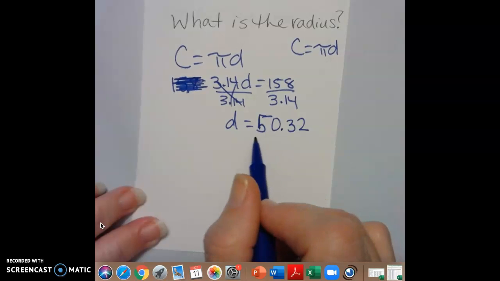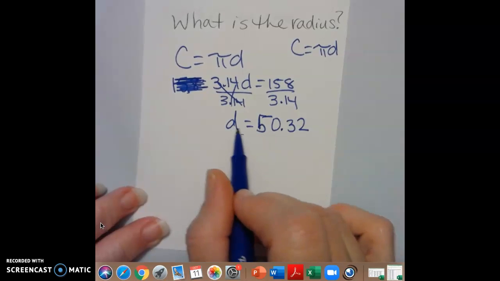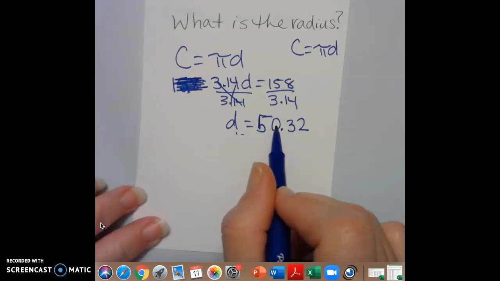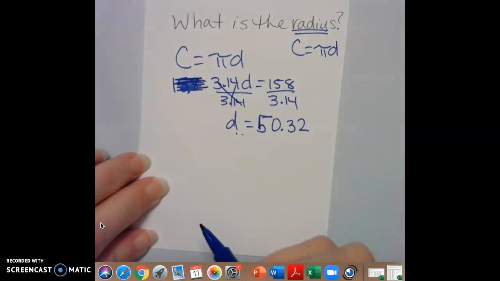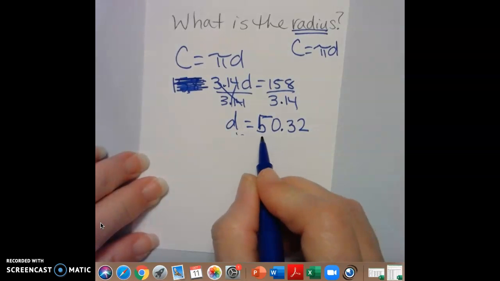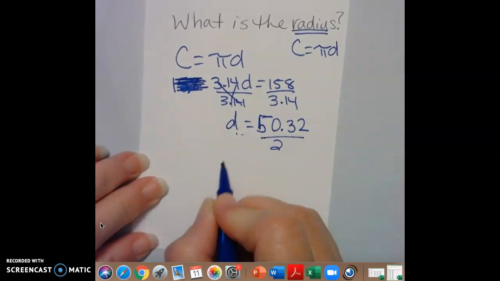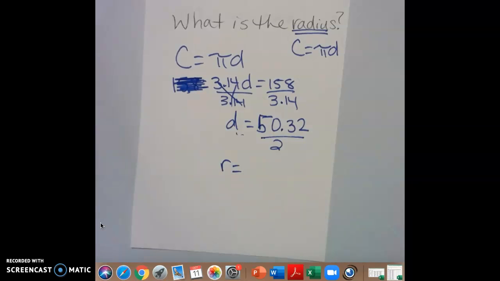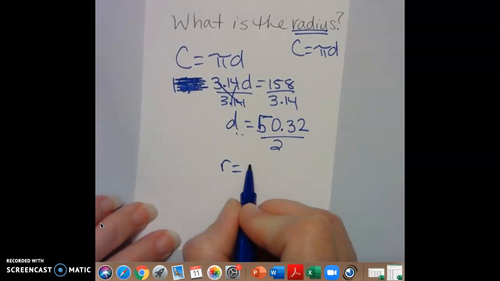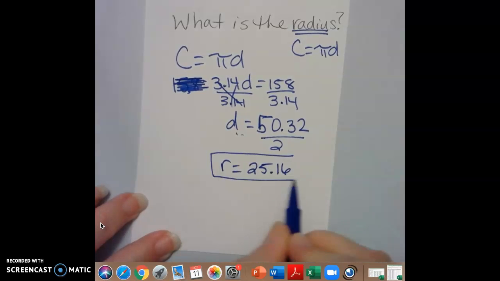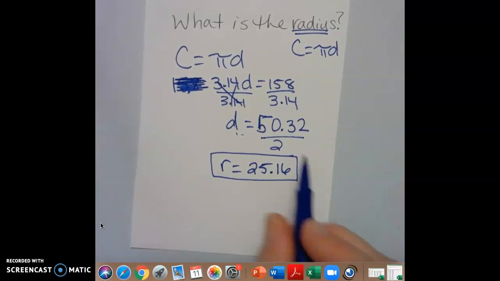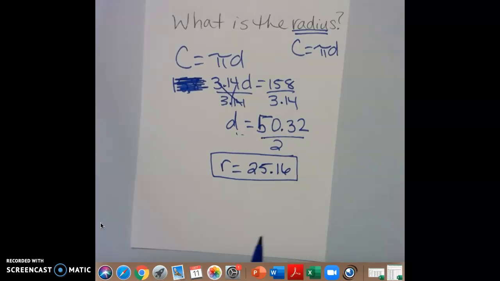And I would say probably 50% of the time, people would jump on that answer, because that's the diameter, which is true, but we've got to be careful because this time it said radius. So we do need to divide this by 2 in order to get the radius. So 50.32 divided by 2, and we get 25.16. So here you've got to be really careful and take that extra step, dividing it by 2 to get to the radius.